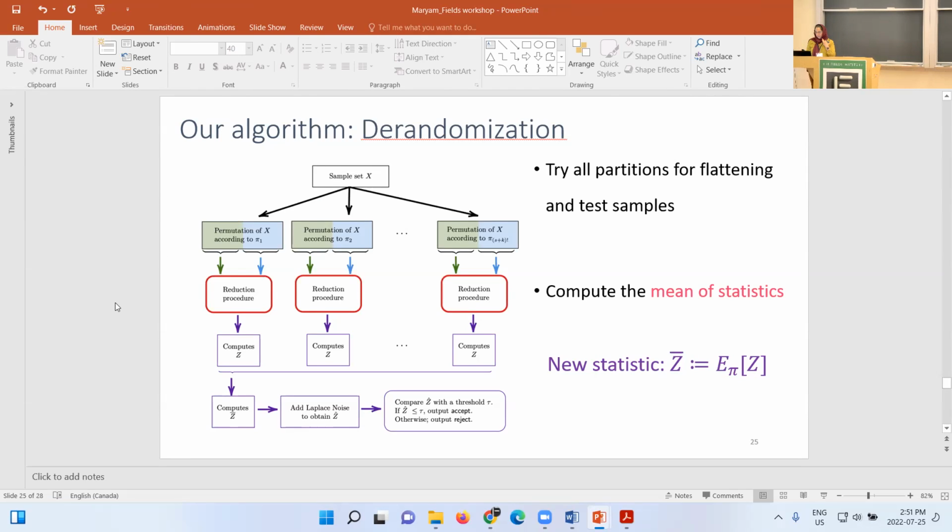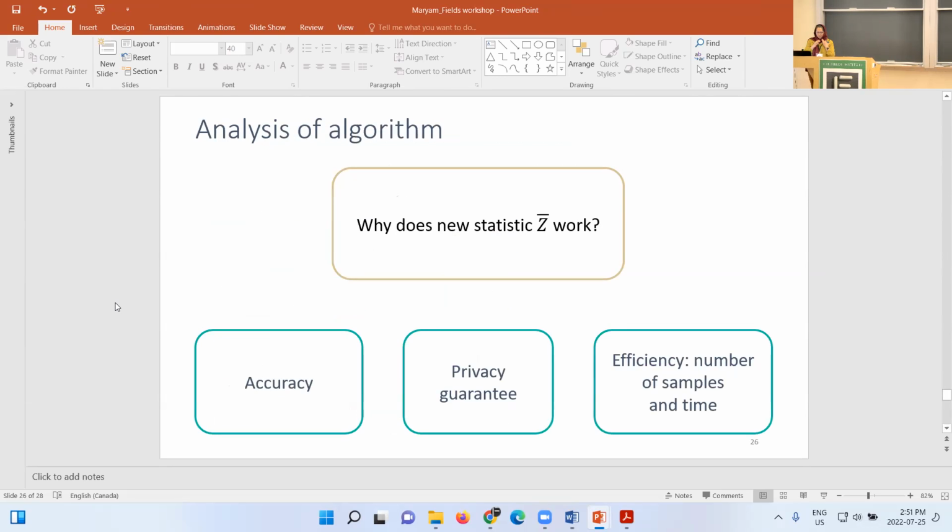I'm not going to explain the details of the analysis, but basically our analysis has three main parts. First of all, we need to show that Z bar is still a good statistic for this problem. It still helps us figure out if P prime and Q prime are equal or not. We also need to bound the sensitivity of this statistic, showing that using the Laplace method, we can make it private with Laplace noise of small magnitude.